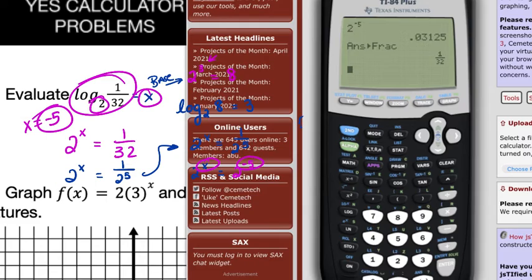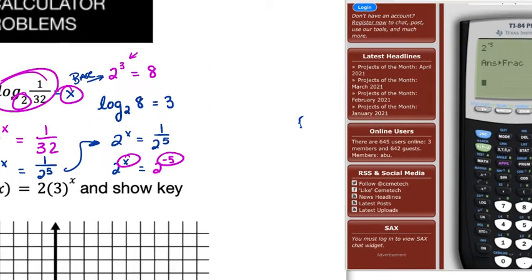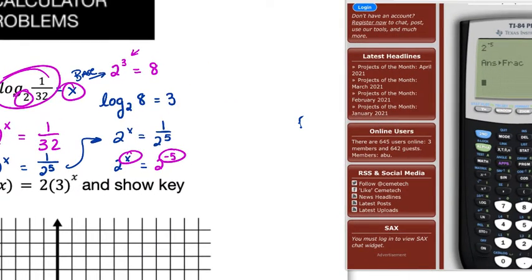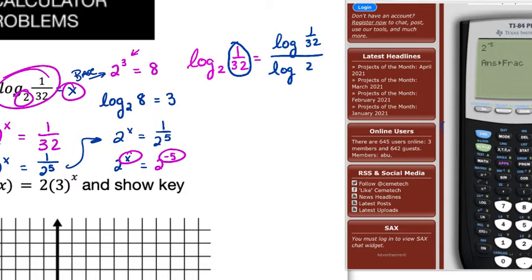Now, real quick, if you want to learn a quick thing so you can do it all on your calculator, log base 2 of 1/32 can be calculated using base 10, which is what our calculator does, by taking the log of whatever you were working with, over the log of the base. And notice I haven't put little things below it.